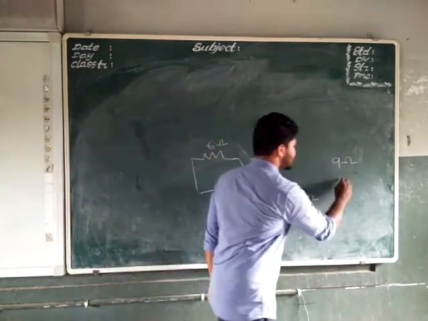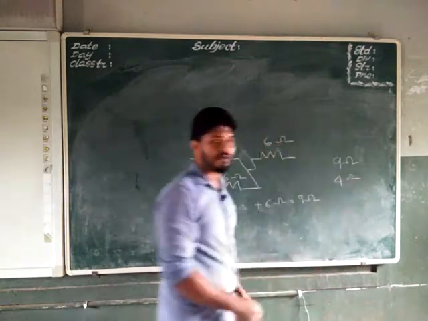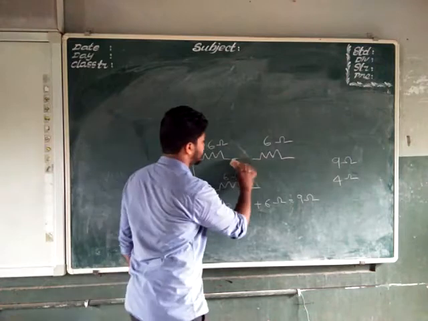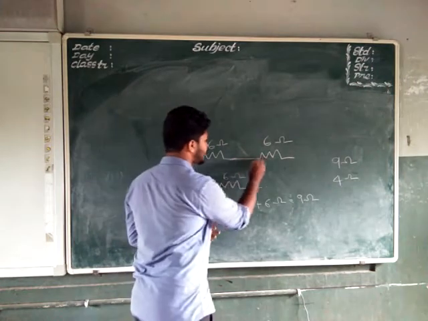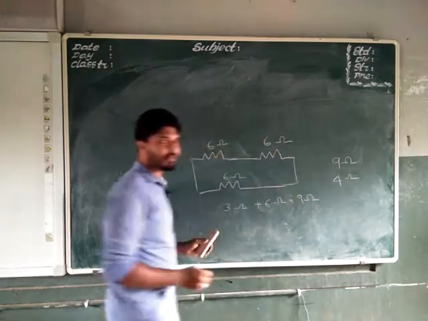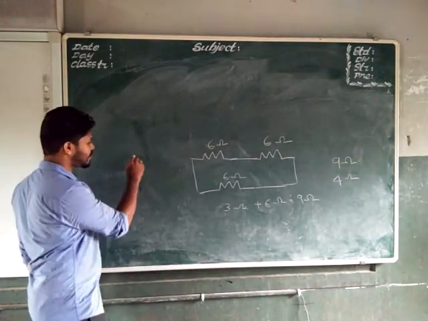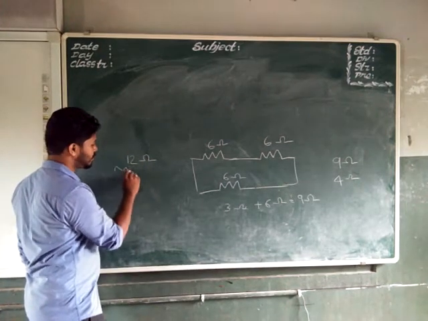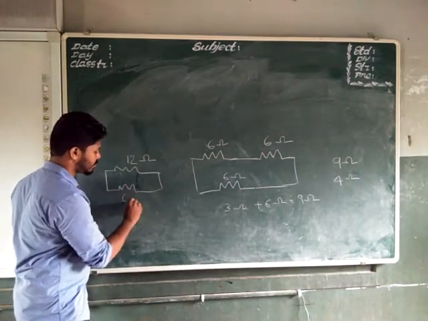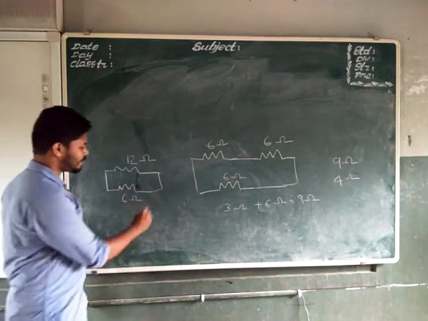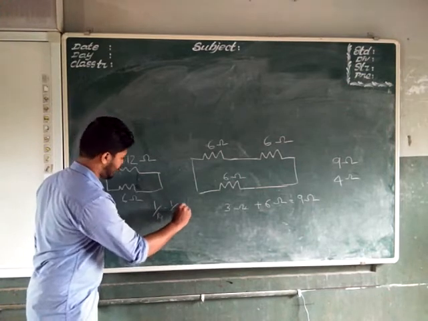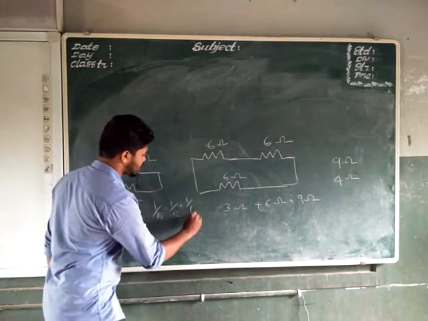The second part is to make 4 ohm from this. How to make 4 ohm? See, connect these two in series. So what happens now? The circuit is changed into 12 ohm connected in parallel with 6 ohm, isn't it? So 1 by Rp gives us 1 by 12 plus 1 by 6.